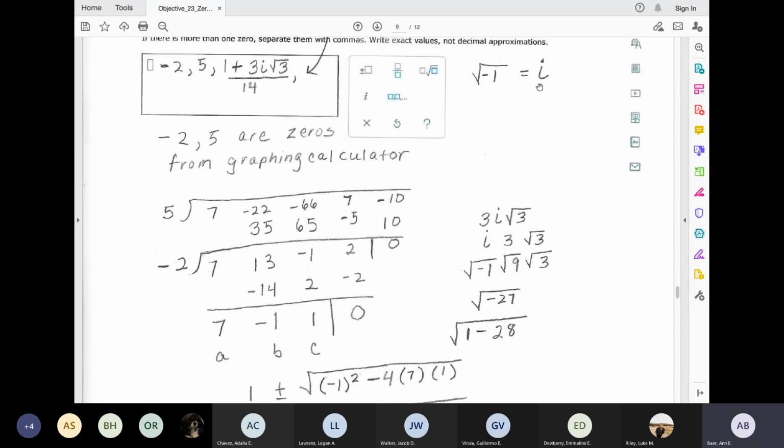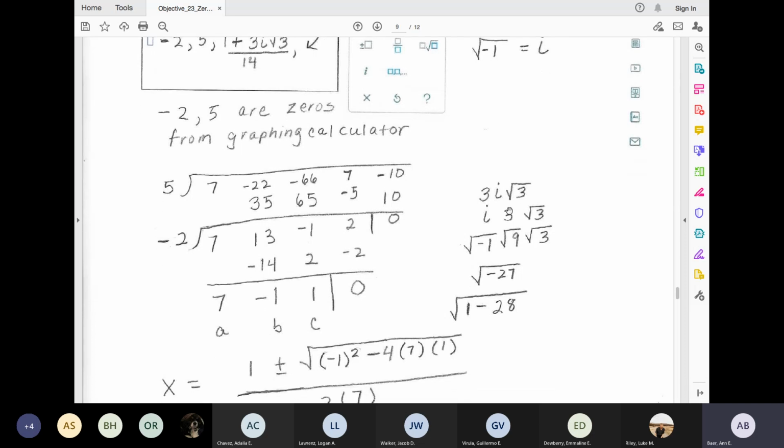i, the imaginary unit, is equal to the square root of negative 1. So this square root of negative 1 is i. The square root of 9 is 3. And then we can't do anything to the square root of 3, so we just write it down again. And usually what we do is we put the number and the real number out in front.